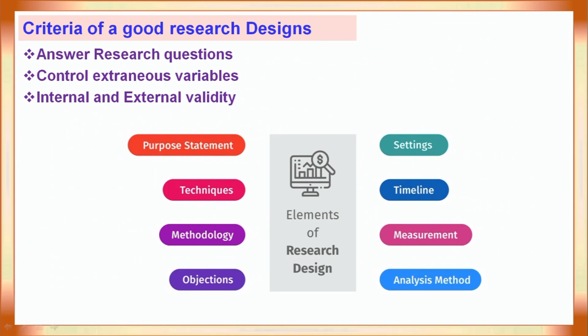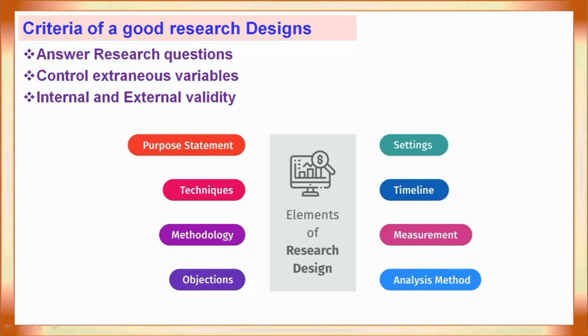So these are the three parts of the max-min-con principle: maximization of the experimental variance, control of the extraneous variance, and minimization of the error variance. We will conclude today's discussion by mentioning the criteria for a good research design.